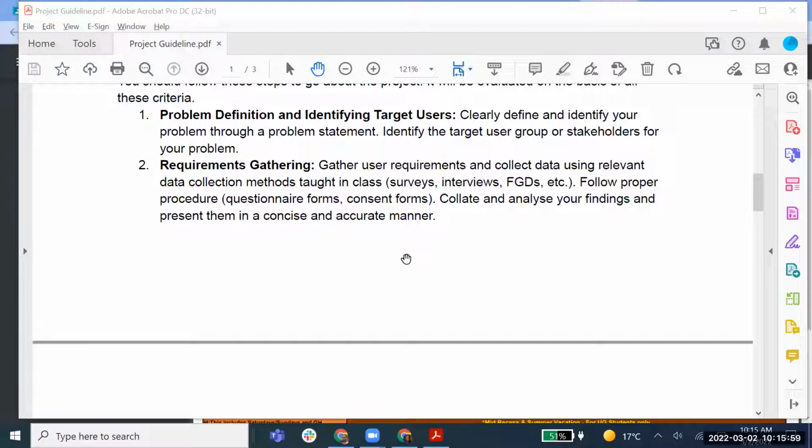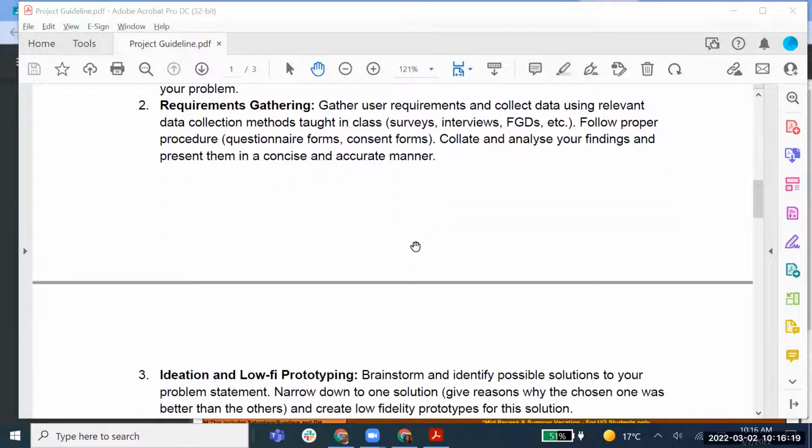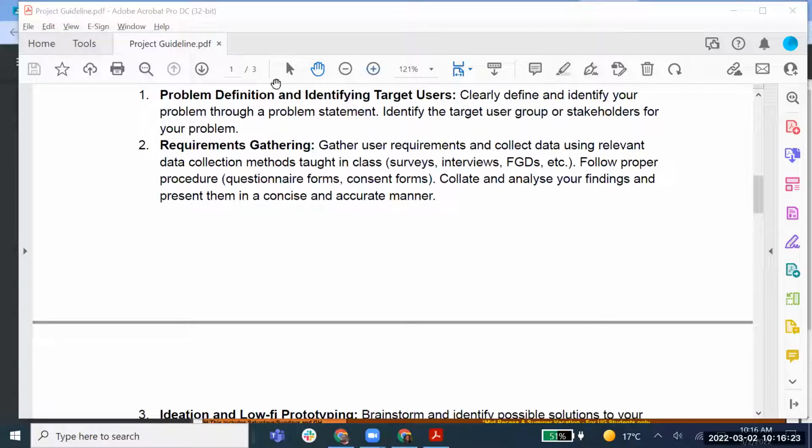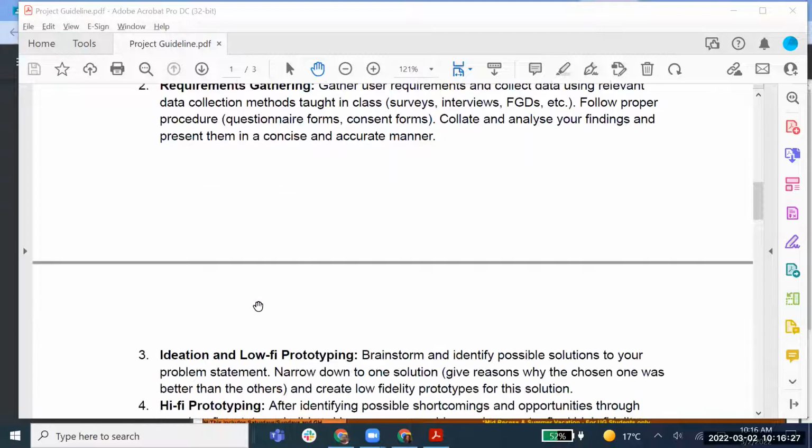I see it like at least they should have some requirement gathering, with 1 survey or 1 interview, because that will help them understand the problem and the requirements, and over time they can further refine it. When I say that in the second phase they have to do this, it never means they are not going to touch this again. They have to improve upon what they have already done, right?